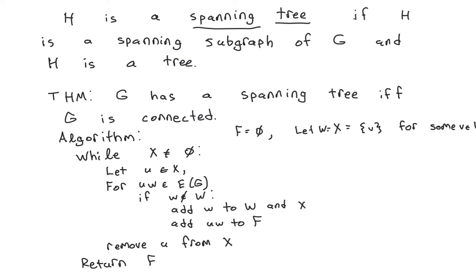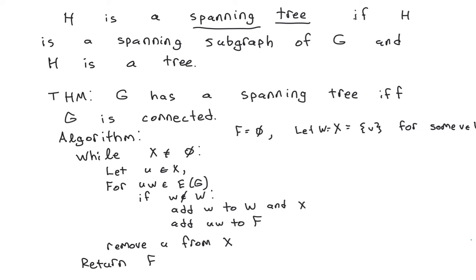And the theorem is that a graph G has a spanning tree if and only if the graph is connected. Rather than giving the proof, I'm just going to describe the algorithm for how you get the spanning tree.